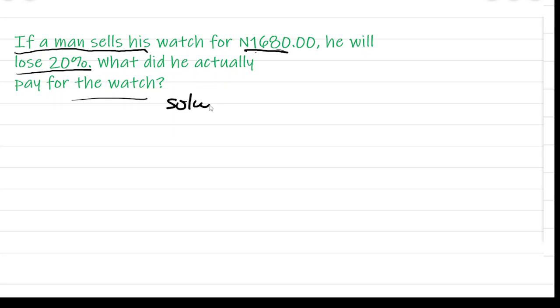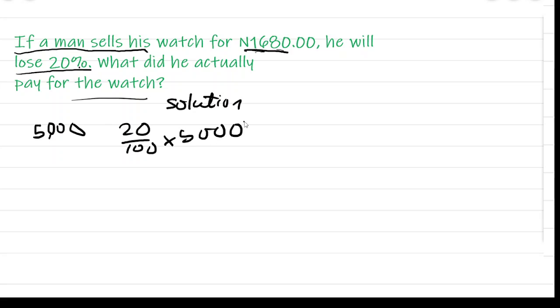Solution. So he bought the watch at a particular price, and then maybe he bought it at probably 5,000, and we are told that if he sells it for this amount, he will lose 20% of the amount he bought it with. So let's find 20% of 5,000, so that is 20 over 100 multiplied by 5,000.